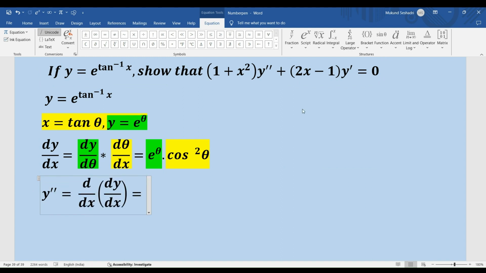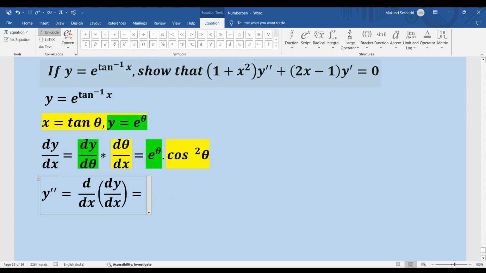I'm going to pick up the previous expression where we have dy by dx in terms of theta, and I'm going to apply the product rule of differentiation because we've got a product of two functions. Function 1 is e to the power theta, function 2 is cos square theta, right?